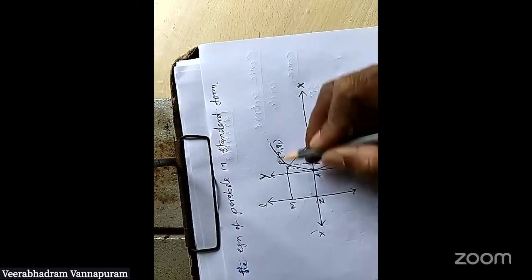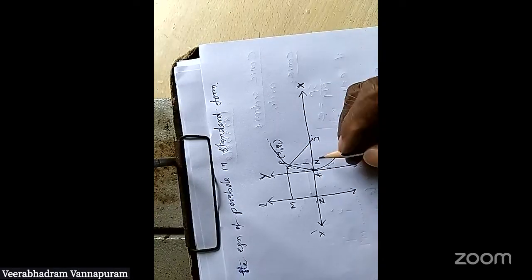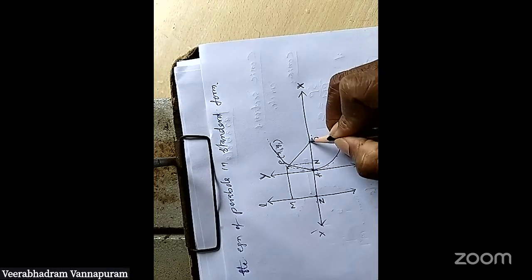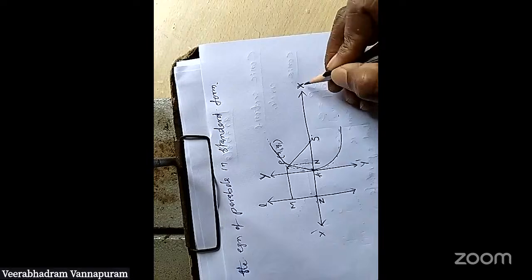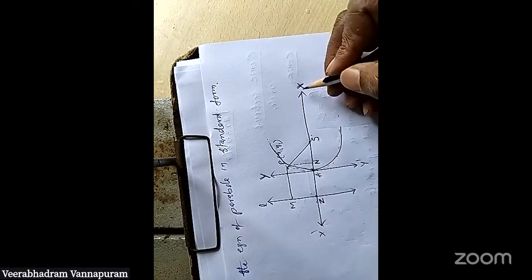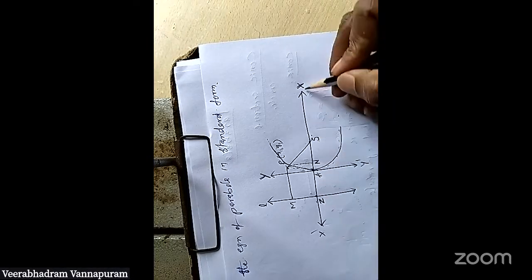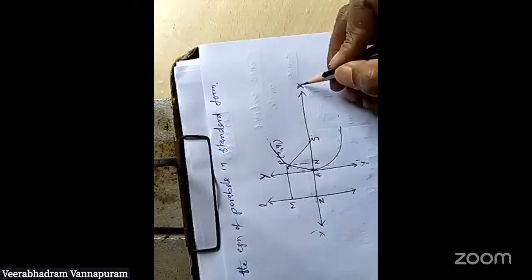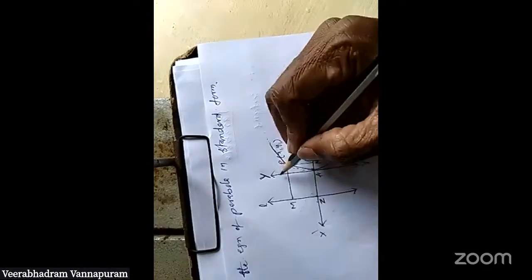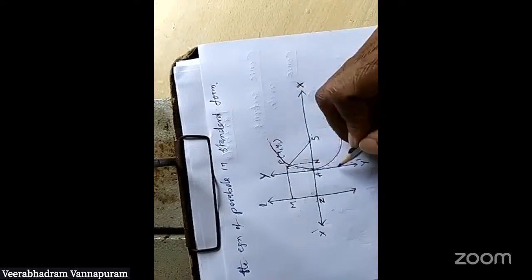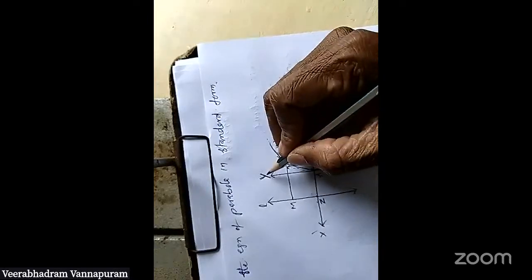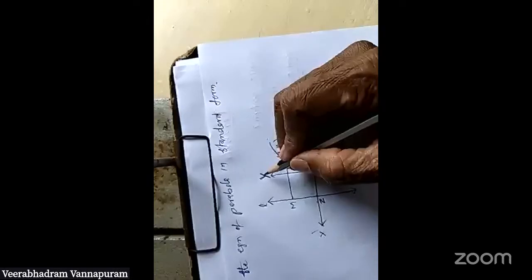So from the figure, S is a point on the x-axis. Now observe here, this is the x-axis. We are assuming SZ along the x-axis, and the line passing through A, which is parallel to the directrix, as the y-axis.